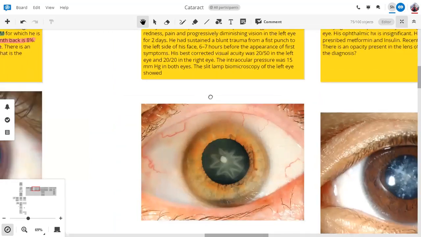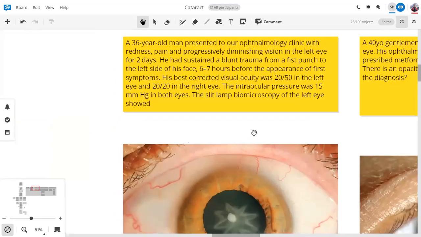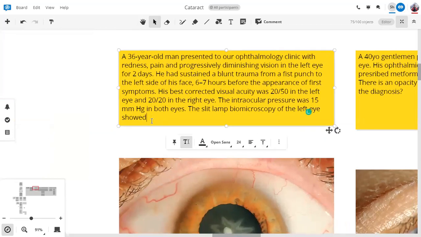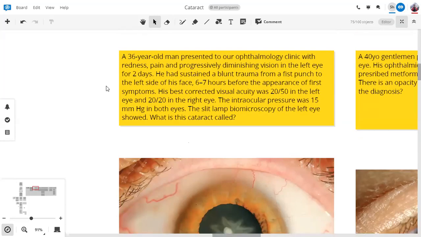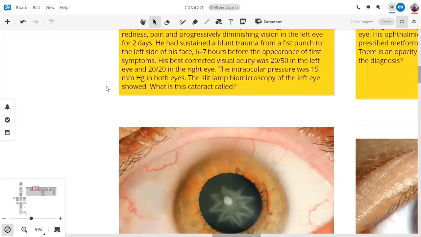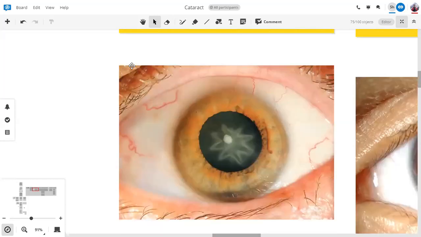Now you will have to describe this cataract for me along with this case. Read the case scenario. If you have been given a picture and you know that the examiner has asked what this cataract is called, and if you've seen these pictures before, sometimes you don't need to read the scenario. The diagnosis forms in your mind at that moment and you just read the scenario to reaffirm your diagnosis.